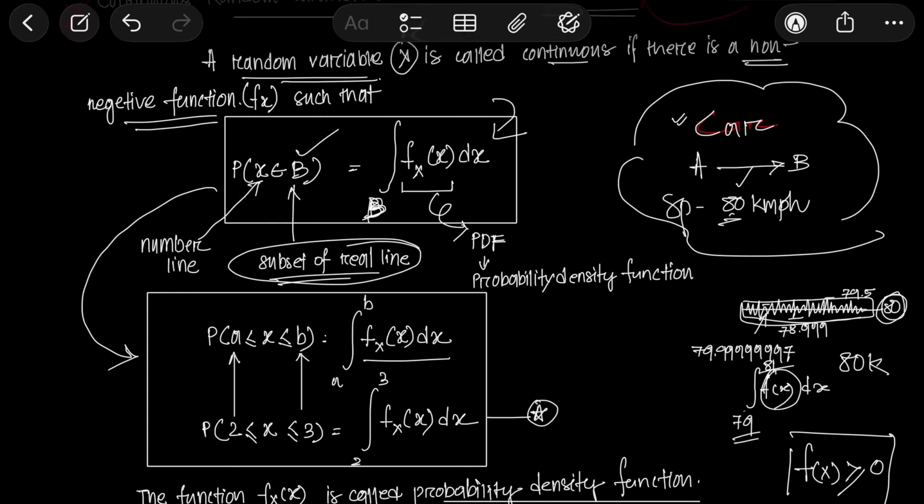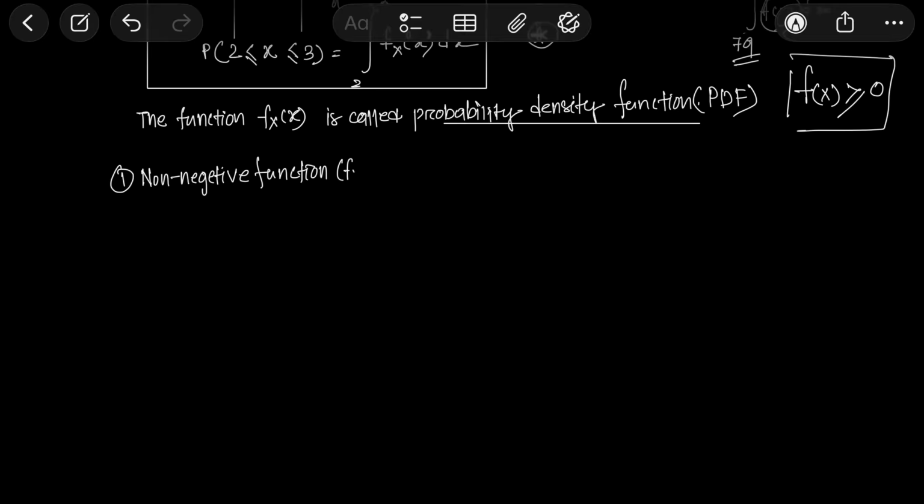Okay, the first property of this PDF, which you must write in your note, is that it must be a non-negative function f of x, and this is property 1.